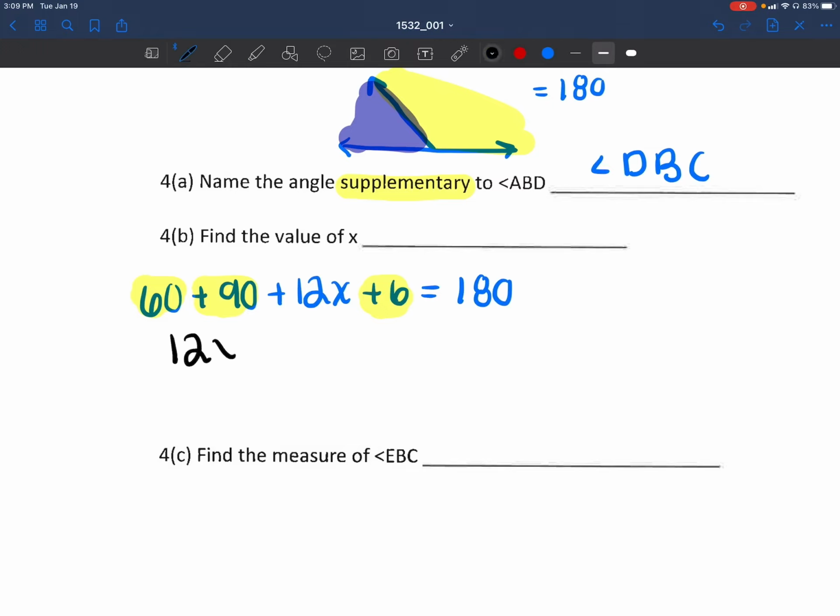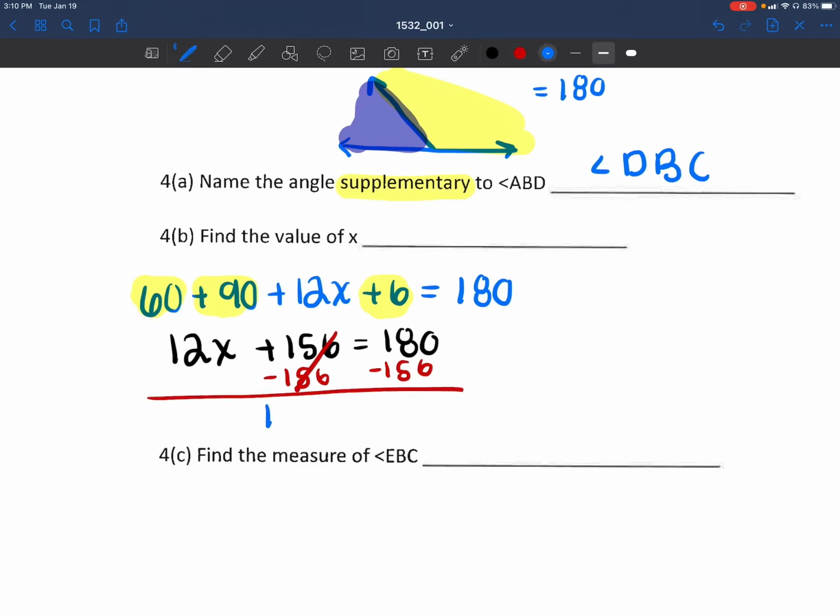So we have 12x. 60 plus 90, I believe that is 150. And 150 plus 6 is 156. Equals 180. And same thing, y'all. Minus 156, minus 156. That should give us 12x equals 24. And the last thing is to divide by 12. So x equals 2.